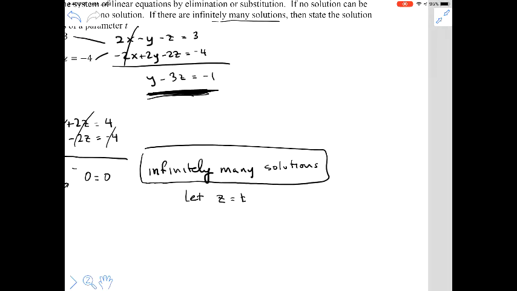So if we replace that z with a t, then we could say that y minus 3t equals -1. And if you add the 3t over, you get y equals 3t minus 1. So we've got z, we've got y, just need x.